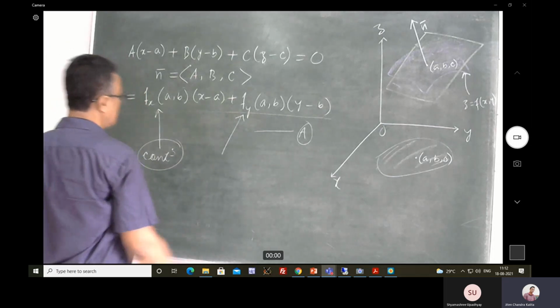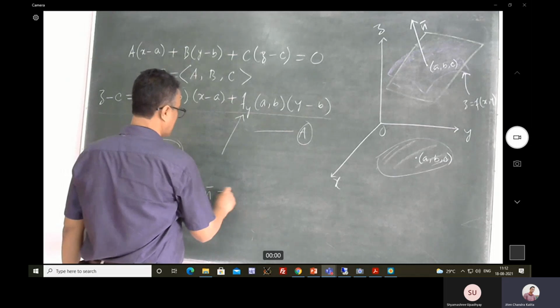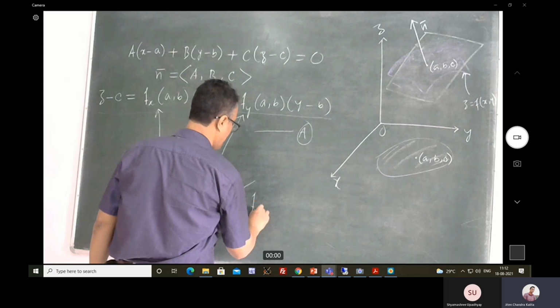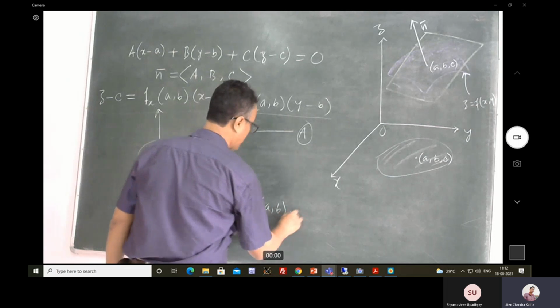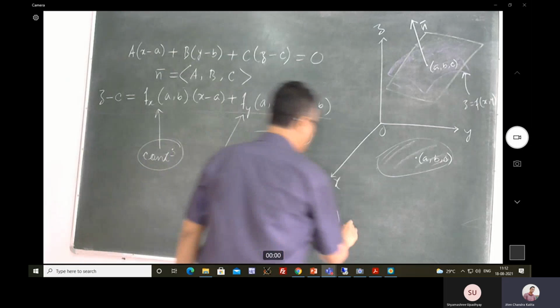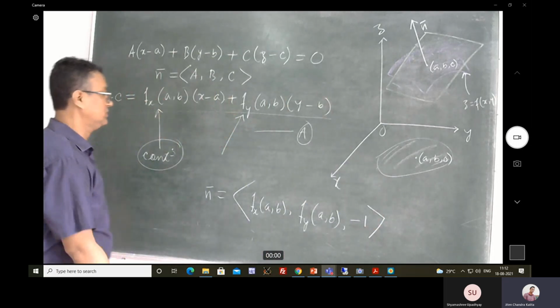From yesterday's class it was obvious that these components are fx at (a, b), fy at (a, b), and then minus 1.